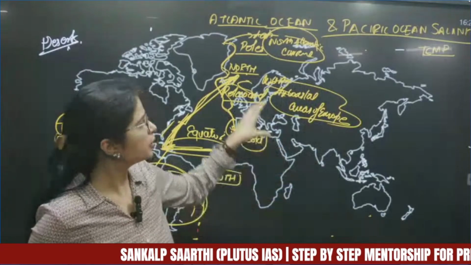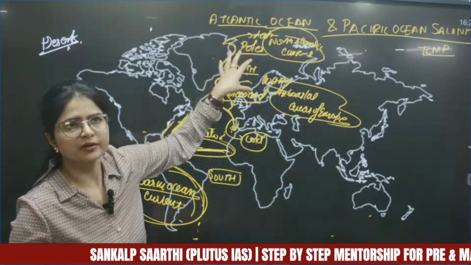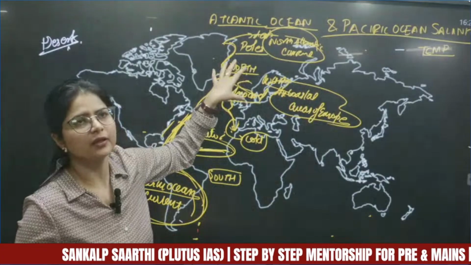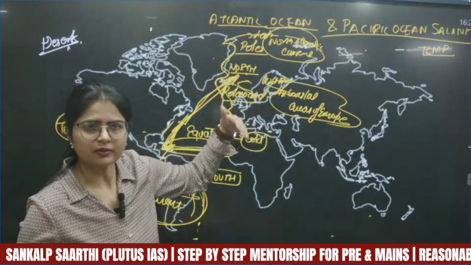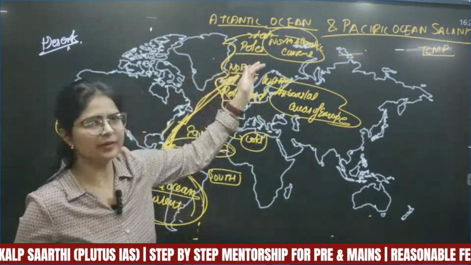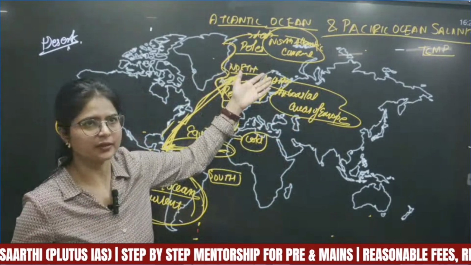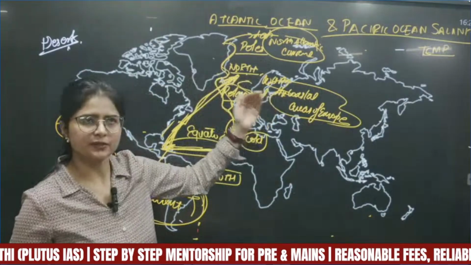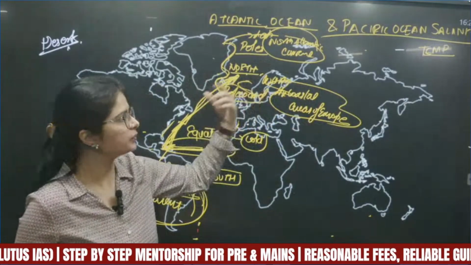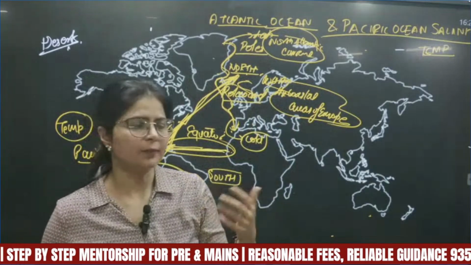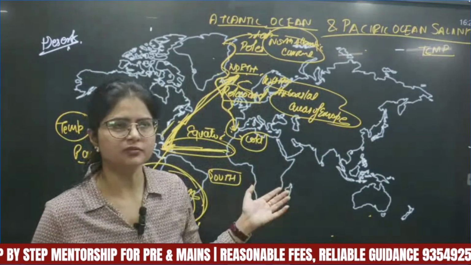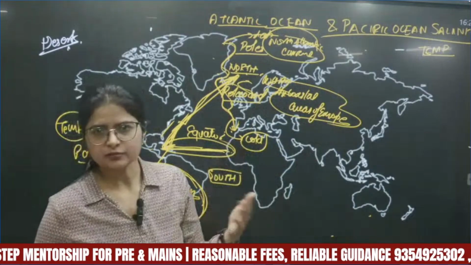Why? Because the polar regions have no other way of getting warmed up. Is there any other way? Because rays are not coming over there, ice formation is there, insolation is not reaching, in summers or winters. So how would it reach, how would the ice melt, apart from climate change which is a different story altogether, that is not what I am taking.